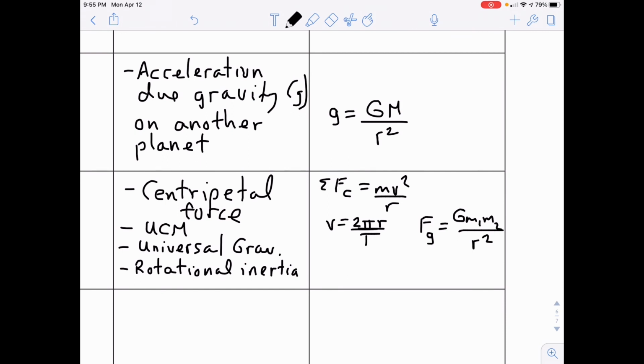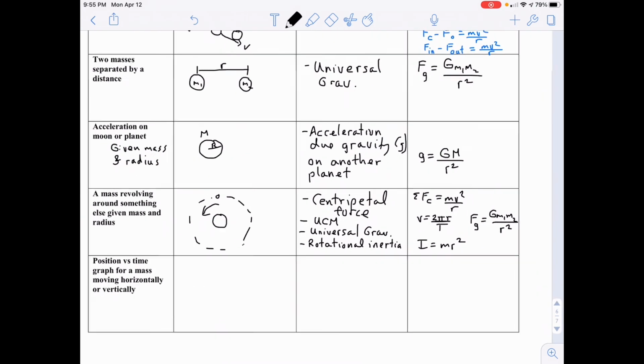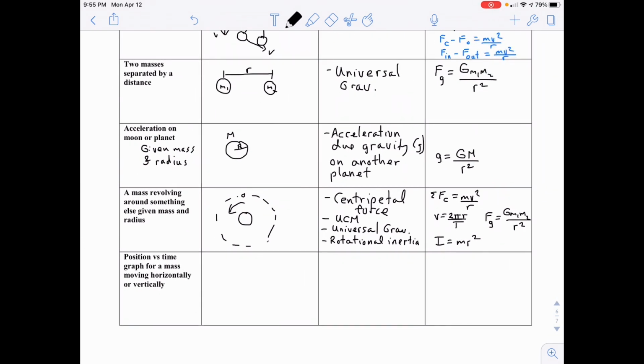And then the rotational inertia of a point mass is I equals mr squared. So a lot of concepts and a lot of formulas could be used for something as simple as something revolving around something else.